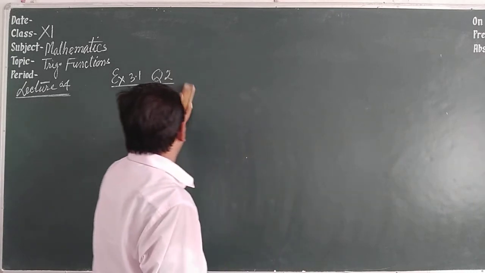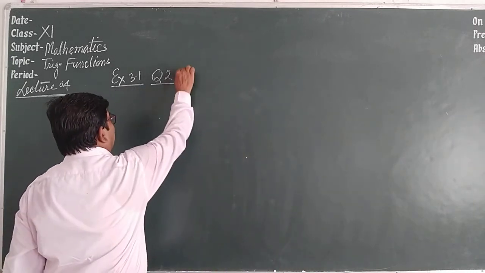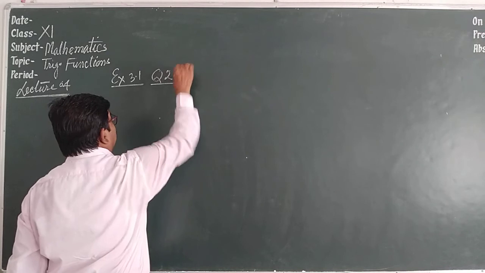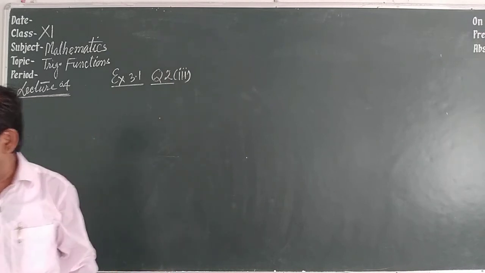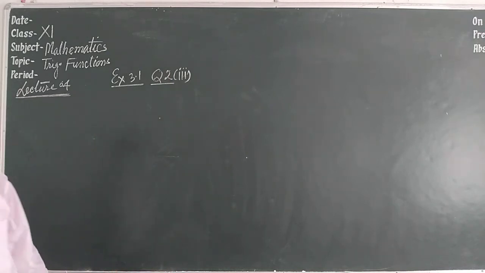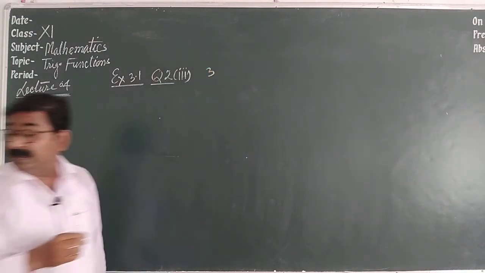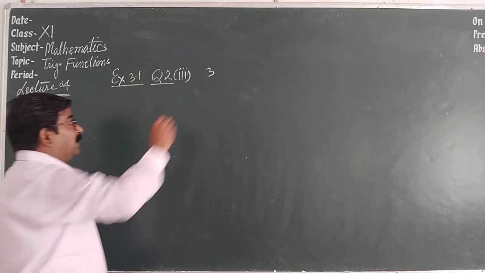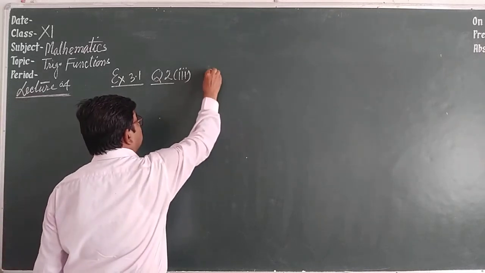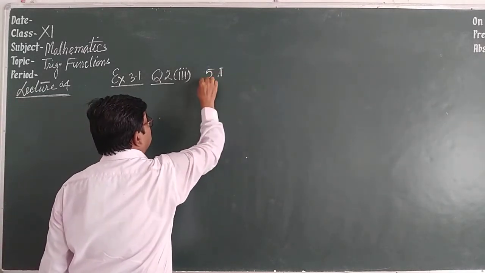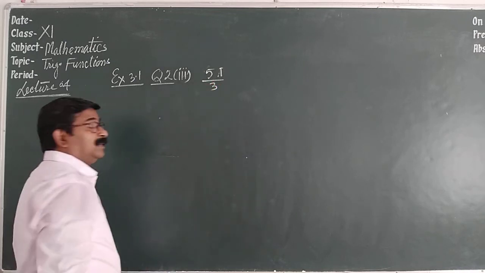So the third part is given: sorry, 5 pi by 3.